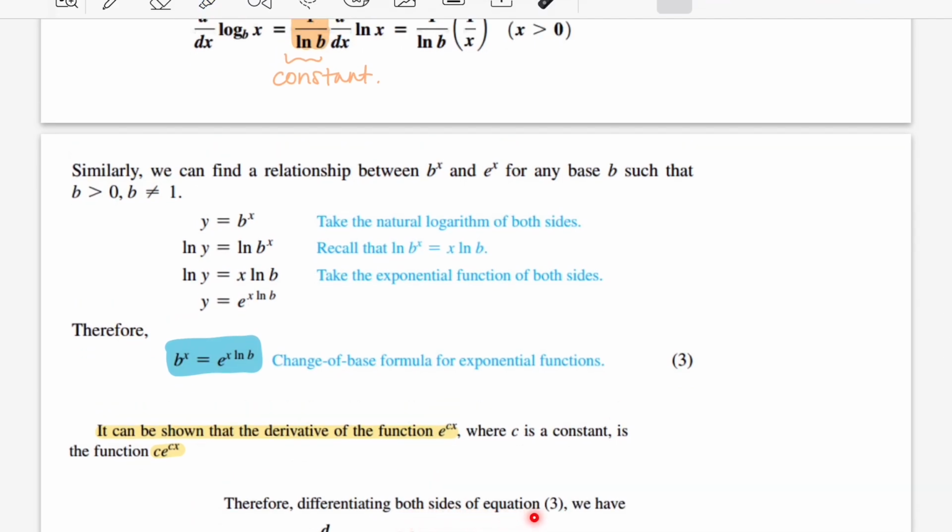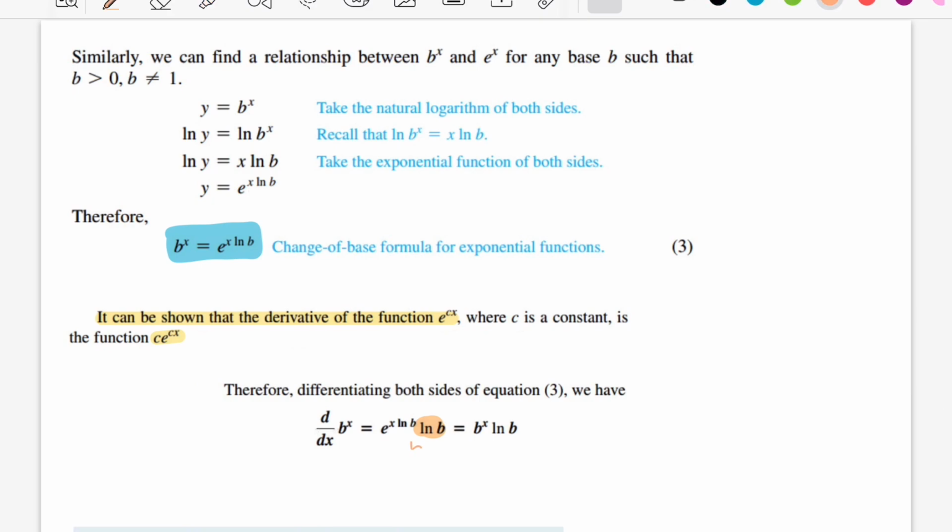When we differentiate both sides of this equation here, so we're going to take the derivative of b to the x, we find that is equal to e to this power here times ln b, because ln b is our constant. So using this fact up here, we can think of ln b as our c in this case. Okay. So then this tells us that the derivative of b to the x is going to be b to the x times ln b.